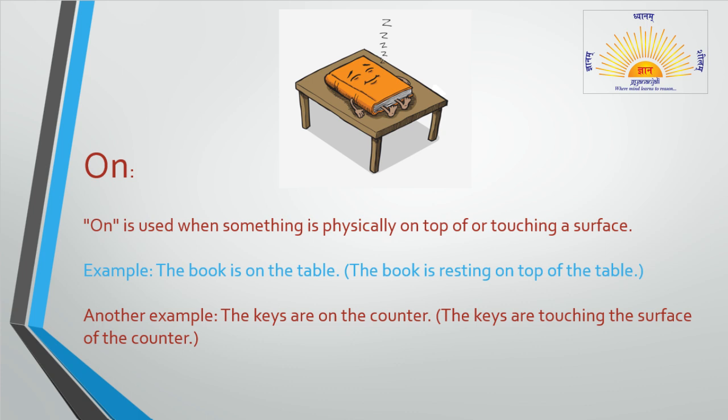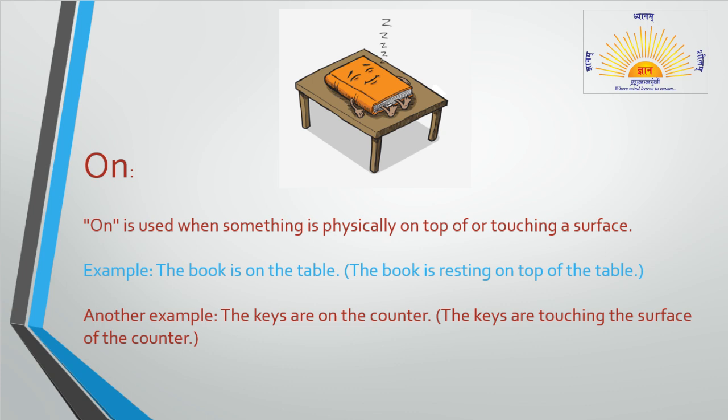So when the book is kept on the table, there are two things to understand, that it is on the surface and also it is touching the surface of that table. So, meaning the book is resting on top of the table. Another example. The keys are on the counter. So, the keys here are touching the surface of the counter.